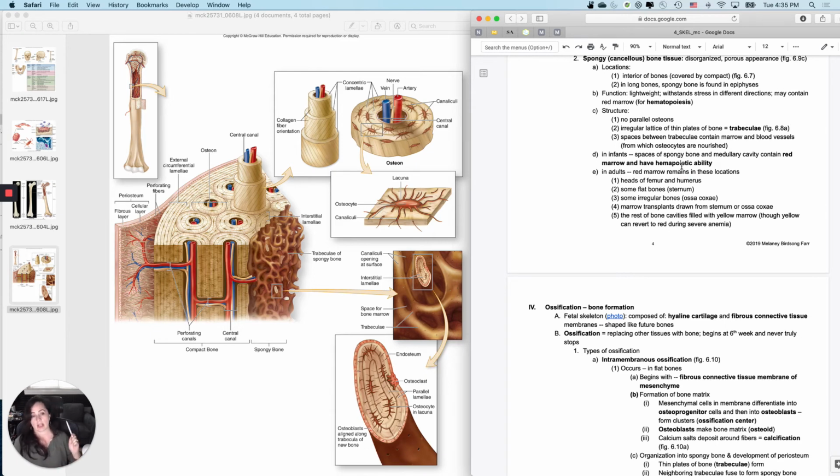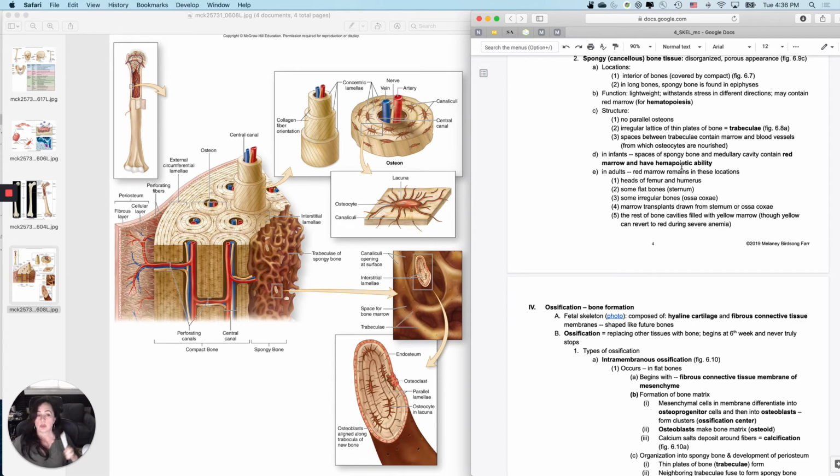But as you become an adult, you don't need to increase your blood volume. You need to maintain your blood volume. So by the time you go from infancy to adulthood, you lose red bone marrow many, many places, and you have it left behind a few places, which are going to be really important when we talk about bone marrow transplants.